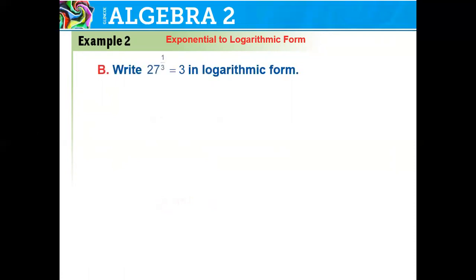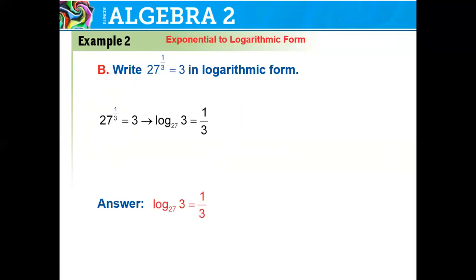Again, this is another example where we will write it in terms of the logarithmic form, and we will use the same technique. It will be log base b, and here b is my 27, of x, which is 3, equals 1 over 3, which is my y.